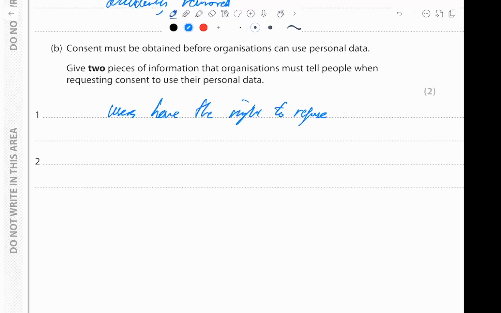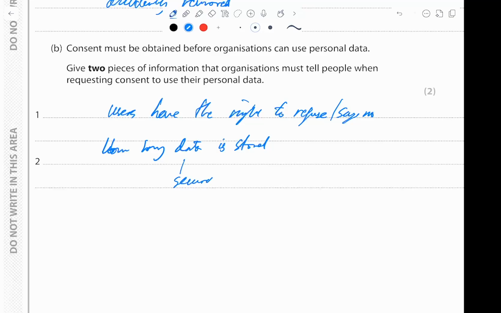You have the right to say no. How long data is stored. That the data should be stored securely as well.